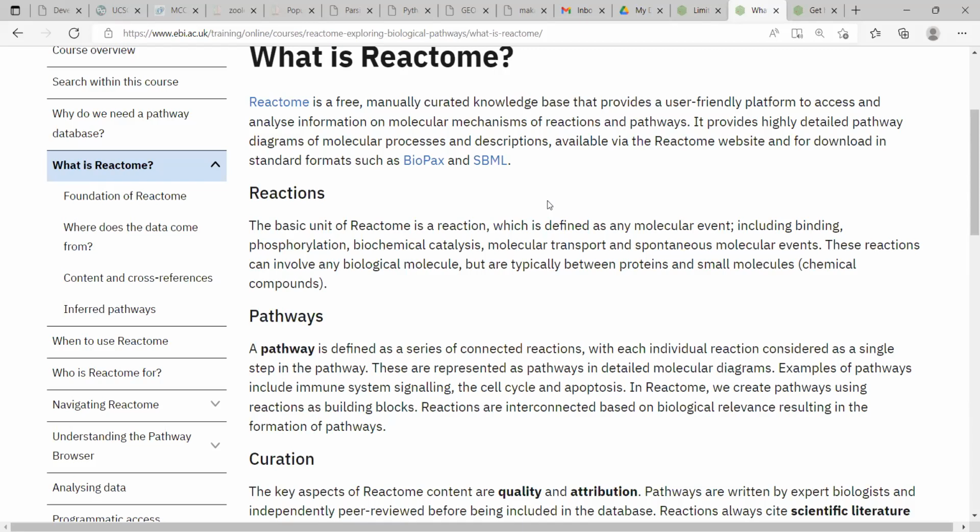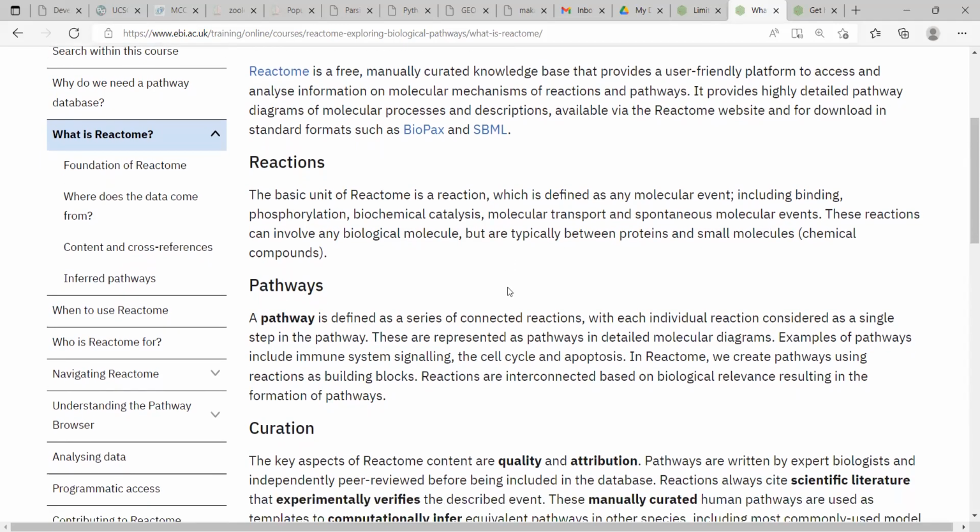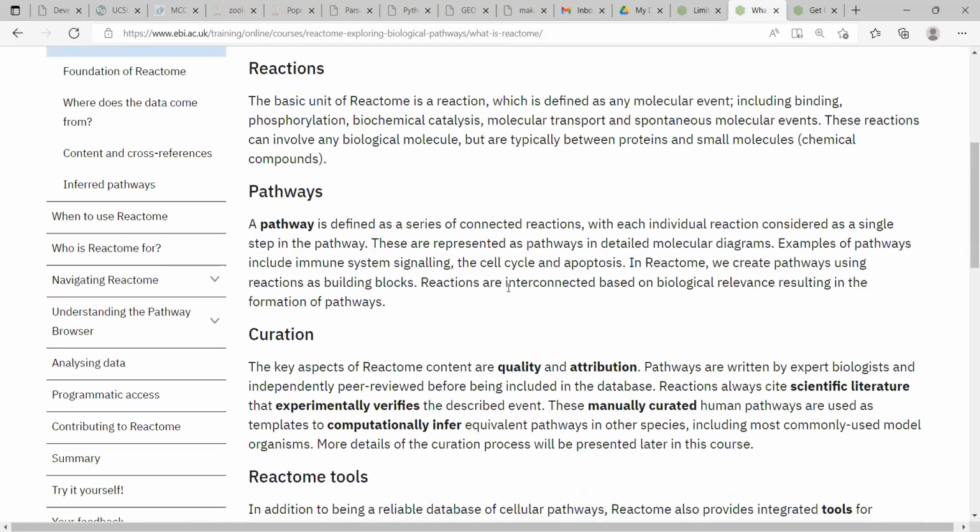Next are some terminologies with Reactome. That is the reactions. You know that the basic unit of this database is a reaction, which is defined by any molecular event, including binding, phosphorylation, biochemical catalysis, molecular transport, or spontaneous molecular event. What is a pathway? A pathway is defined as a series of connected reactions. Each individual reaction is considered a single step in the pathway.